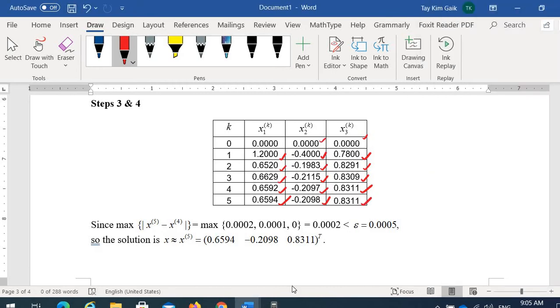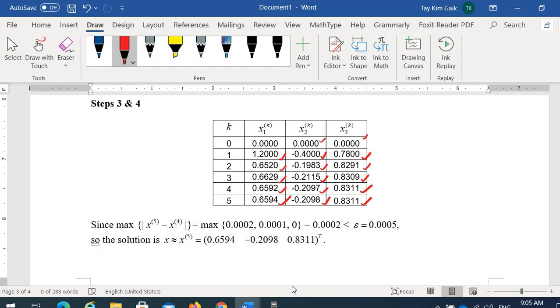Okay, we stop at number 5 because, as I mentioned just now, at iteration number 5, if you take the modulus of x number 5 deduct x number 4, the maximum value is 0.002. You take the fifth row, deduct the fourth row, 3 values, take the absolute value.